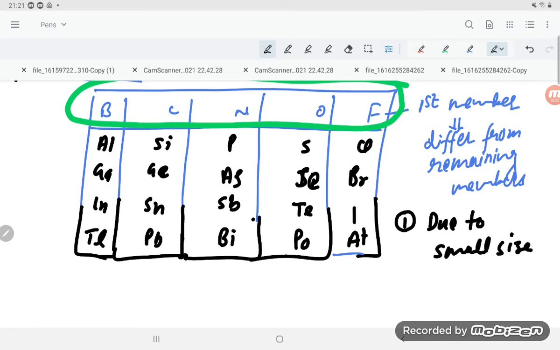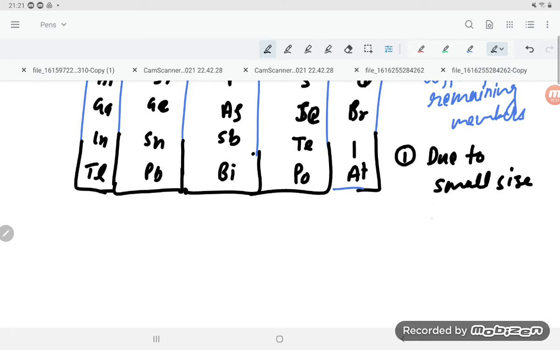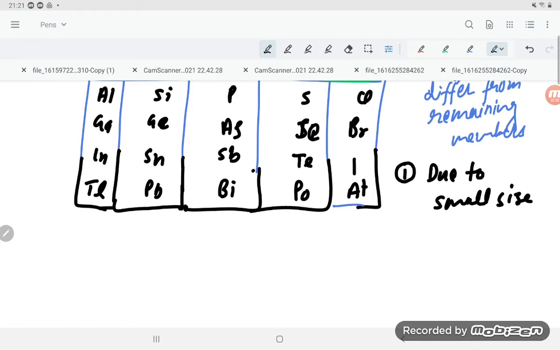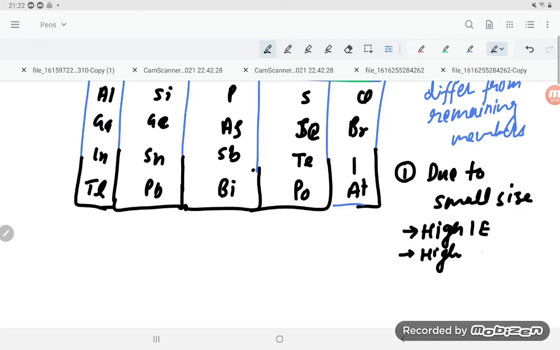Whatever the properties related to small size, they all will depend on it and will differ, like high IE, high ionization energy. Second point, high electronegativity, this is their high electronegativity.